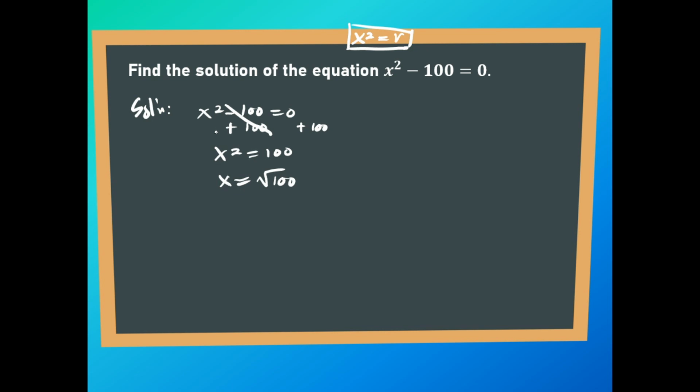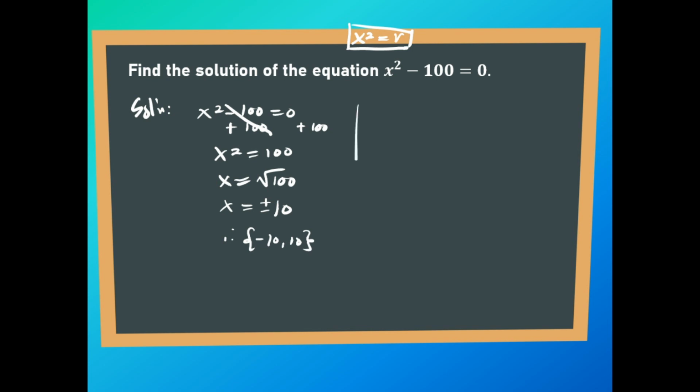So, as what you see, no, wala na yung symbol na 2 here, since kinuha na natin directly yung square root ng x squared, which is x. So, magiging x is equal to positive or negative. So, what is the number or factor 100 multiply itself? The answer is 100. So, the answer is 10. So, therefore, our solution set is negative 10 and positive 10.